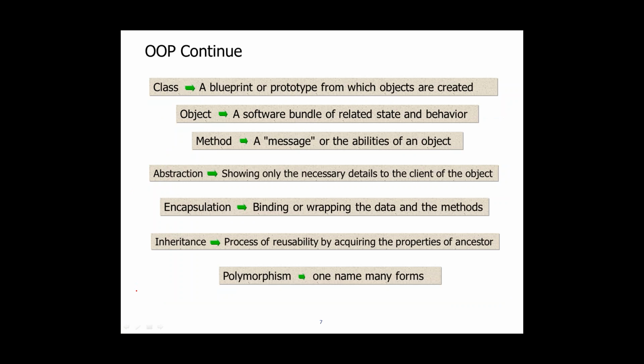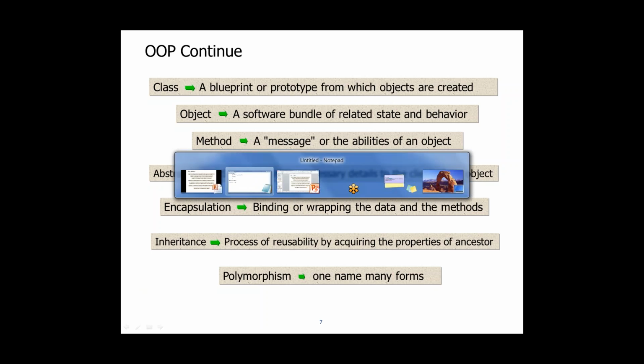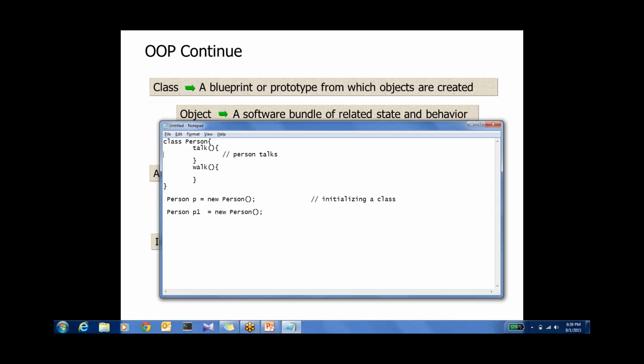What is abstraction? Abstraction means simply hiding the unnecessary details from the user. A method might have some implementation, some complex functionality, but you don't expose it or let the end user know what functionality you are implementing.